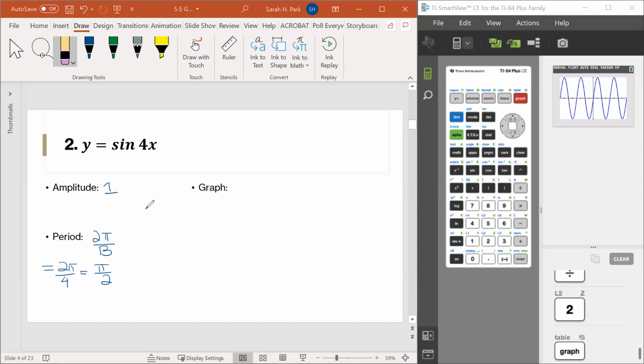So let me make a table where x is your radians. At 0 radians, sine of 0 is going to give us the y values. Let me go backwards, actually. I forgot a step here.